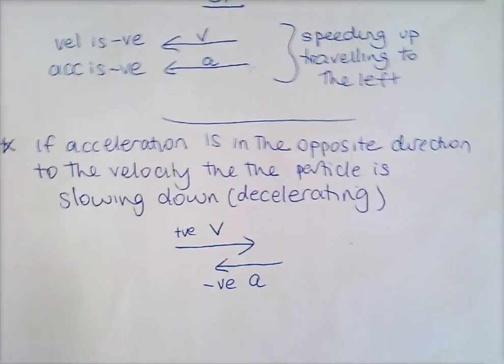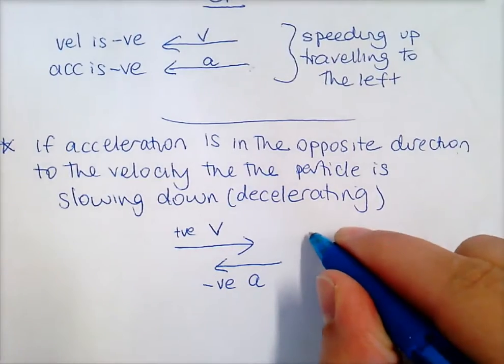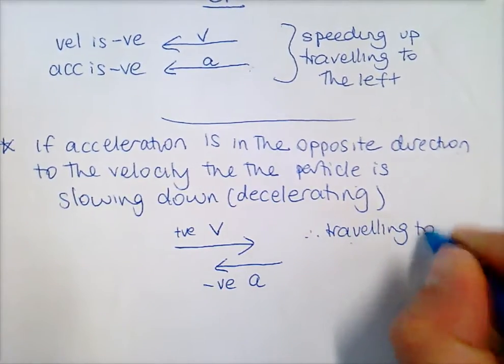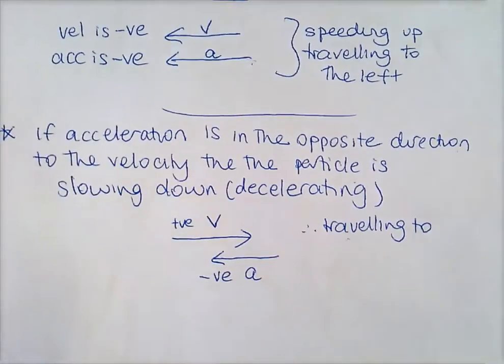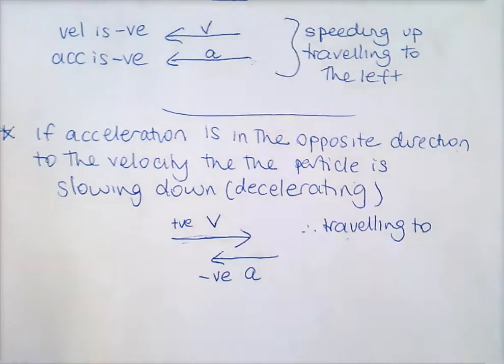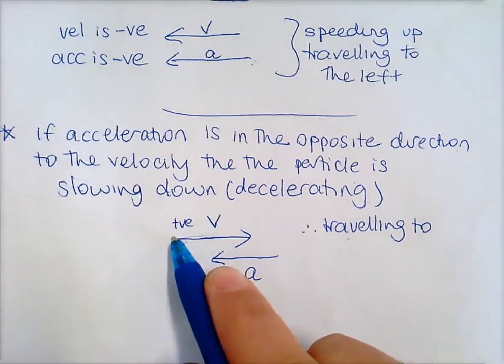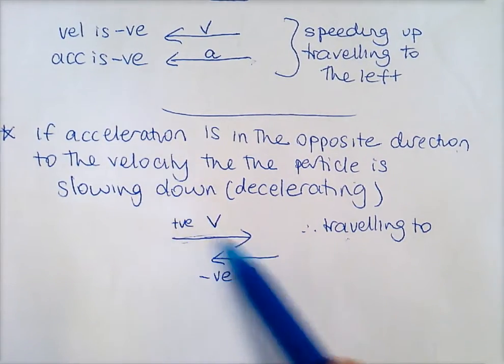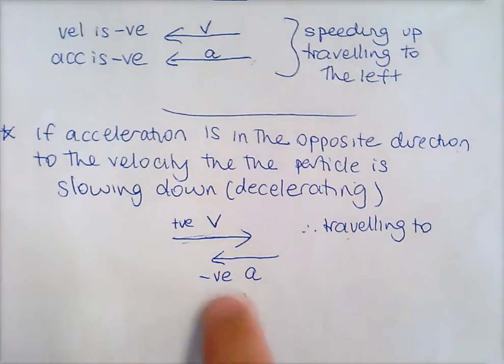You're opposing the velocity. So this particle is travelling which way, the right or the left? It depends. No, just at the moment, the way it is, let's say it's going pretty fast and we're applying this force.